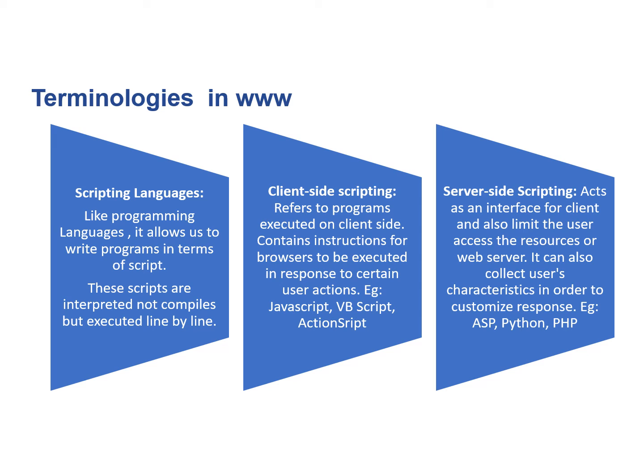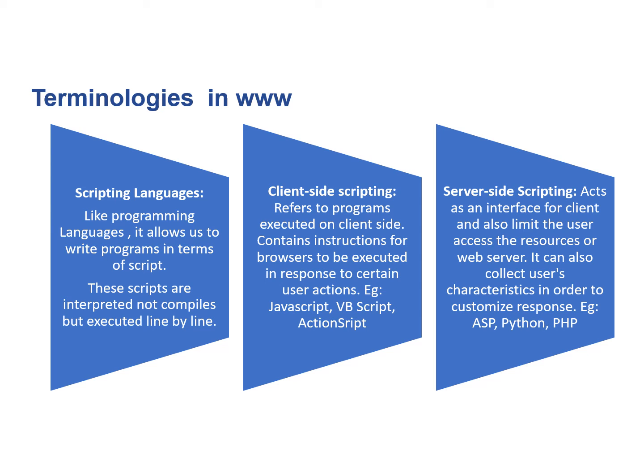Client-side scripting refers to programs that are executed on the client side, containing instructions for browsers to be executed in response to certain user actions. Some examples of client-side scripting are JavaScript, Visual Basic Script, and ActionScript.